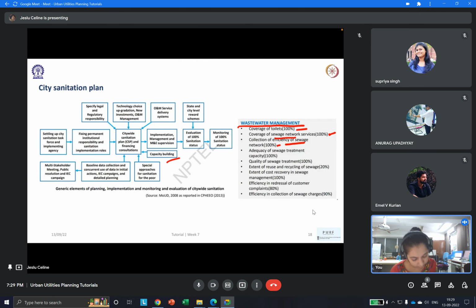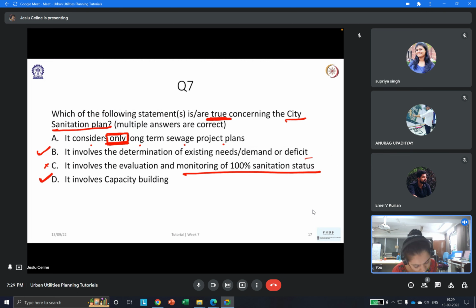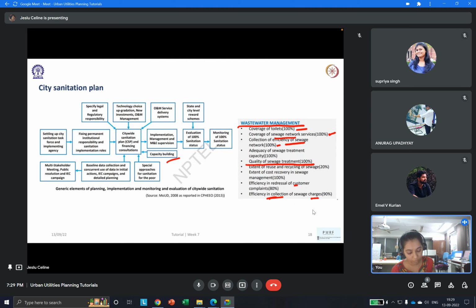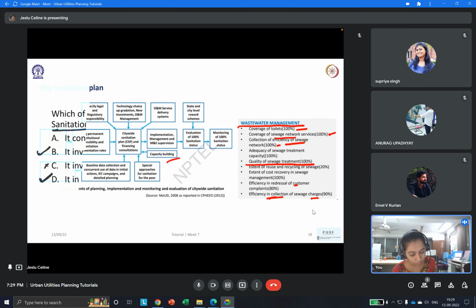So let's see whether that is also there. Quality of sewage treatment, extent of reuse, efficiency in collection of sewage charges 90%. A lot of other factors are given. If you see, quality of sewage treatment is also given as 100%. So from this, can we say that evaluation and monitoring of 100% sanitation is also taken into consideration?